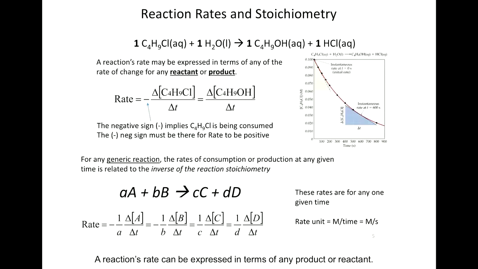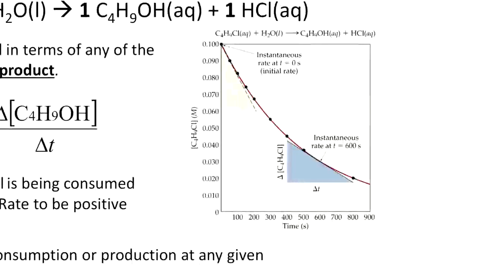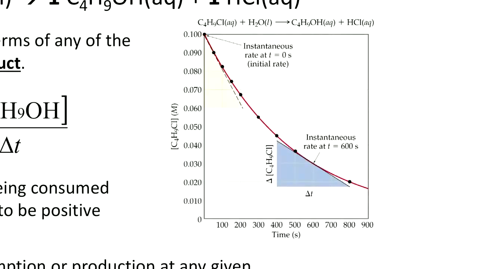Now we're thinking about how much stuff we are making or consuming, but with time now. We can relate the rate of consumption of a reactant to the rate of consumption of another reactant, to the rate of production of a product and all of the other products. For example, this graph is showing how the concentration of this reactant is changing over time during the course of this reaction.